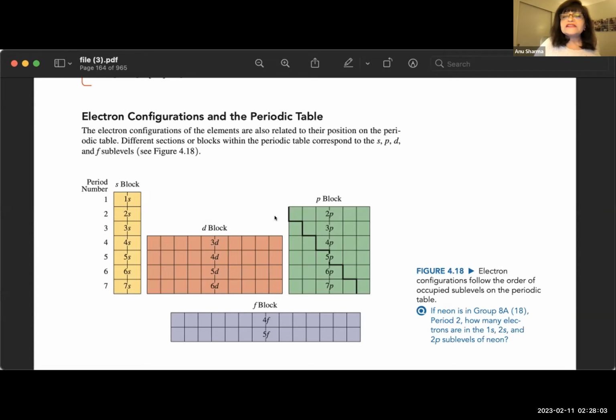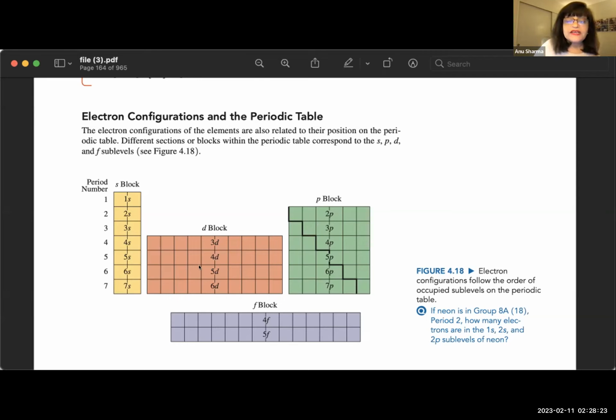The last electron here is 2p1, 2p2, 2p3, 2p4, 2p5 and 2p6. Same is the case here: 3p1, 3p2, 3p3, 3p4, 3p5, 3p6.